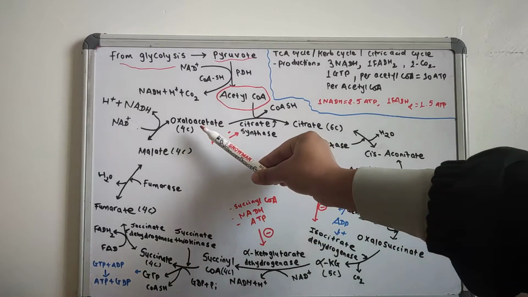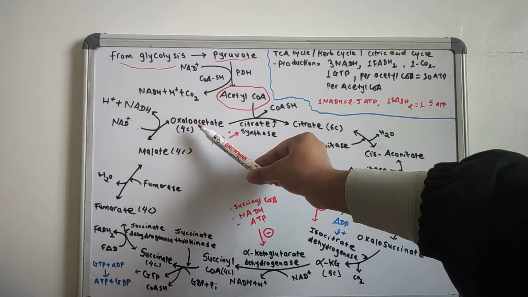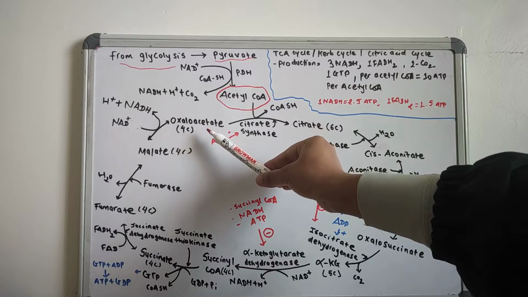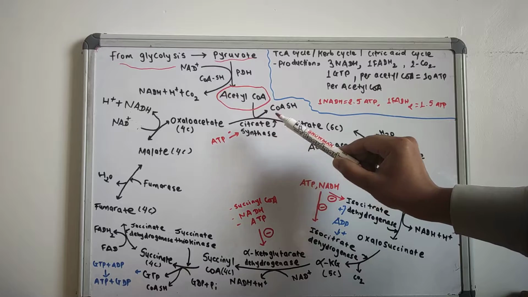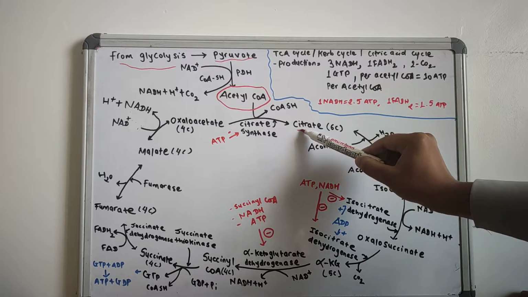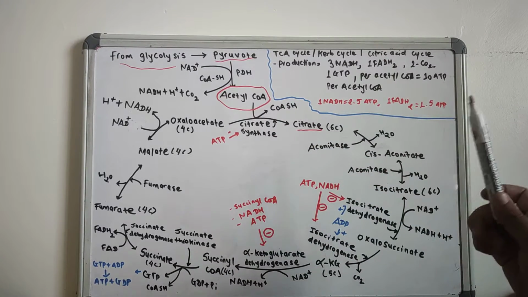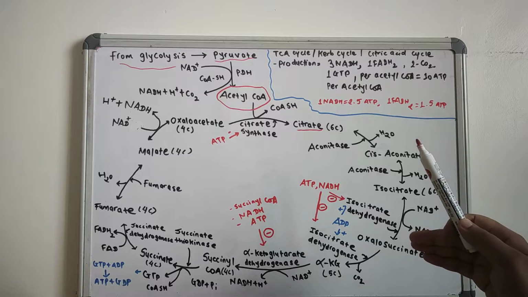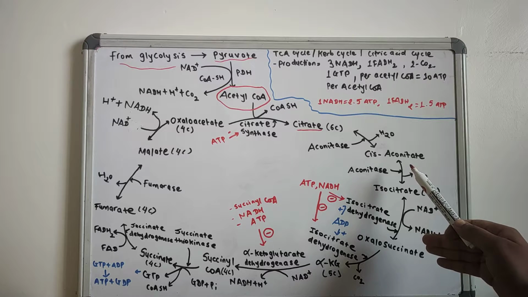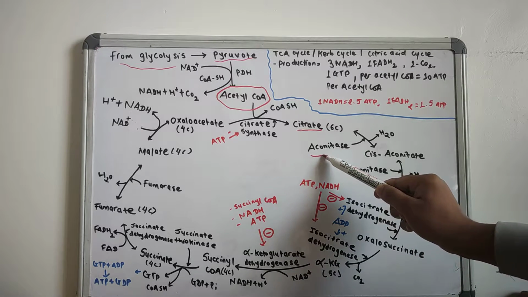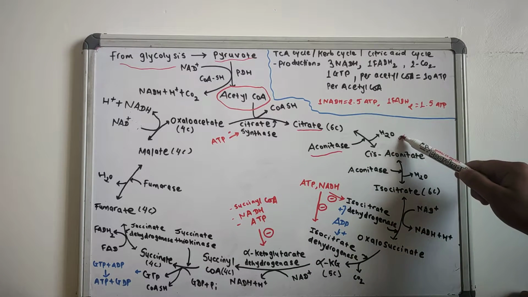Oxaloacetate, which is a 4-carbon compound, along with acetyl coenzyme A, with the help of citrate synthase, forms citrate. The citrate is a 6-carbon compound, and from the citrate, cis-aconitate is formed by the action of the enzyme aconitase with the production of water.